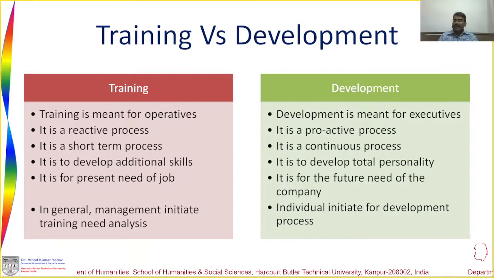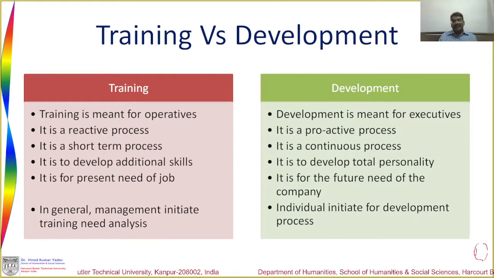Training is usually an objective oriented process and it is a short term process. For example, if you are given training on advanced Java language, that process is short term. The moment you learn Java, your training stops. Then you may go for another training which may have a different objective.